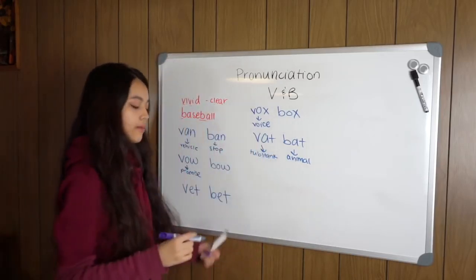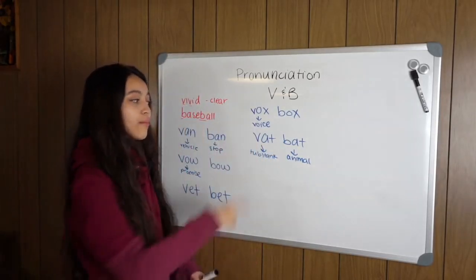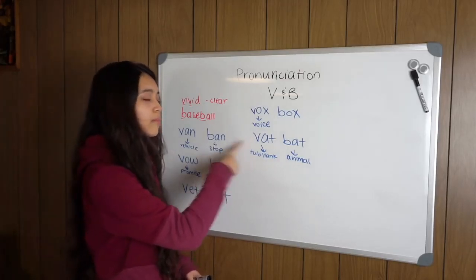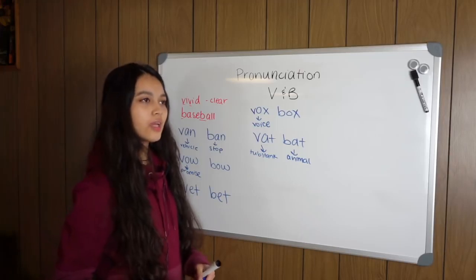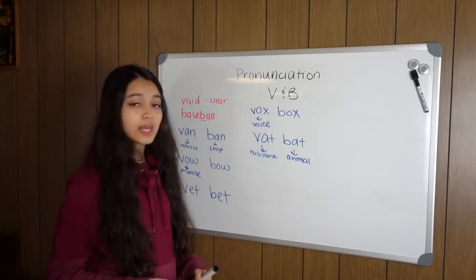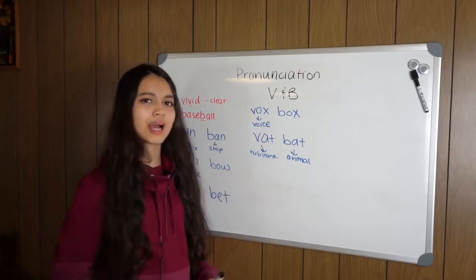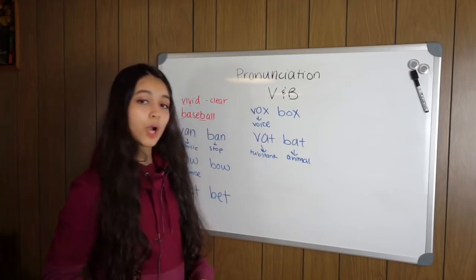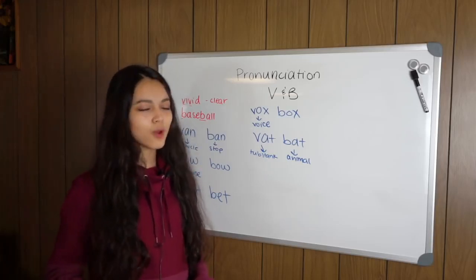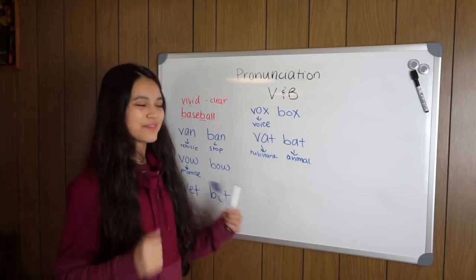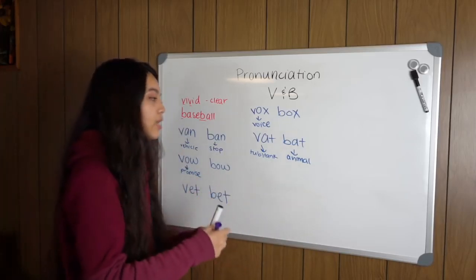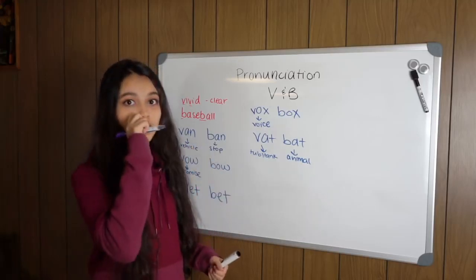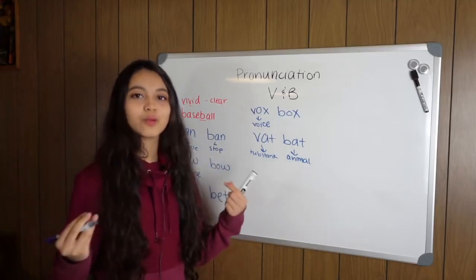So if you say, I took my vat, my pet, out to the park yesterday, well, you're saying that you took a tub or a tank out to the park. Those are probably very heavy, so people will ask you how you carry it. So you want to make sure that with vat and bat, your lips and what they do when you pronounce them are very, very, very important.